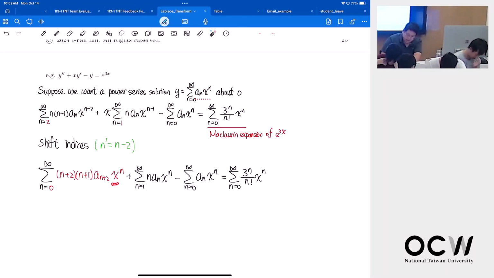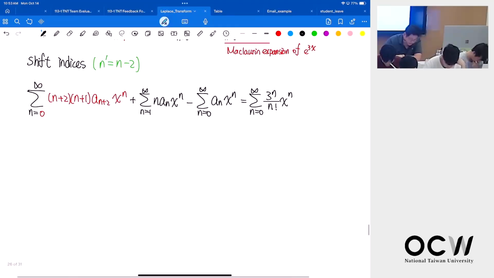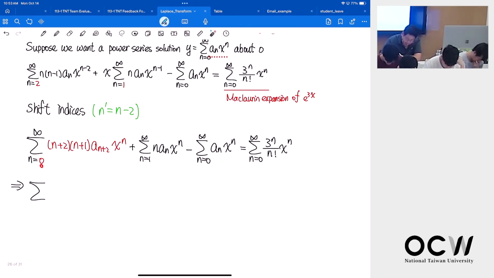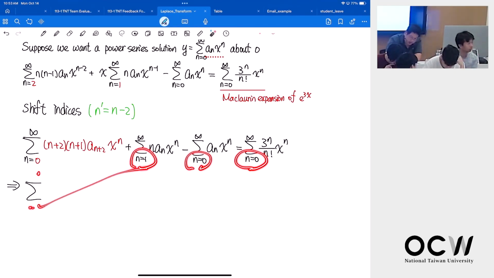The next step is that I combine this coefficient. Okay, so now let's combine the coefficient. So I have a summation. Well, n from 0, n from 1, 0, 0, so I should choose n from 1 to infinity.